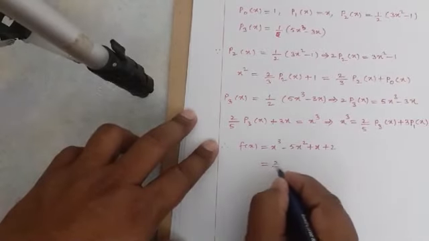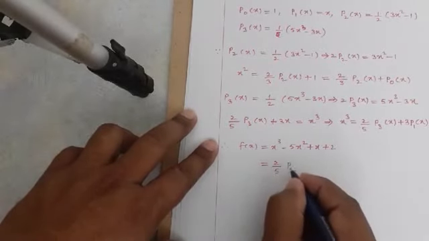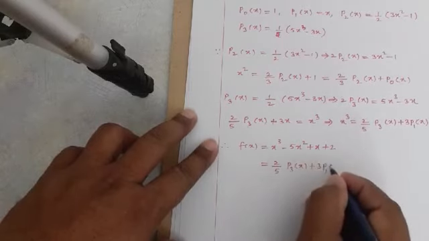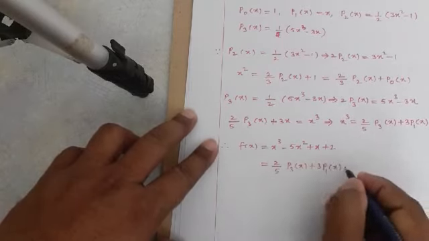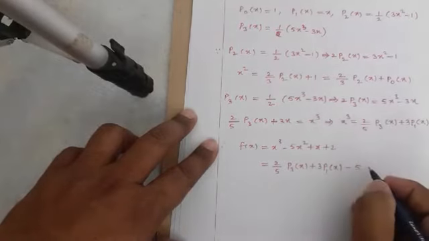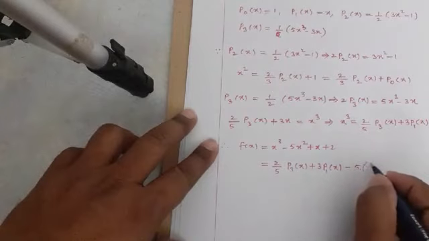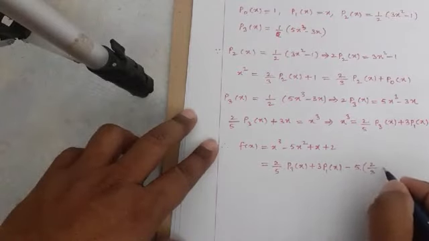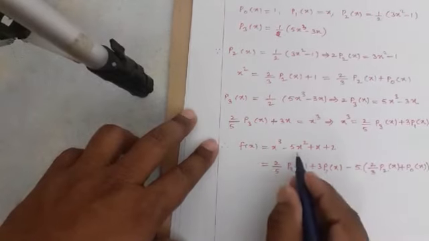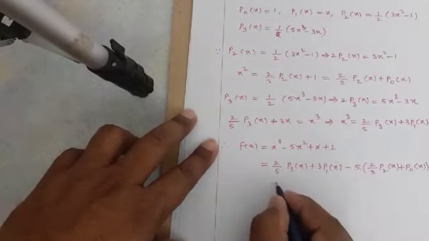So that is nothing but 2 upon 5 p3 of x plus 3 p1 of x, then minus 5 into x square, which is nothing but this term. So I'll write that in bracket. So this becomes 2 upon 3, then p2 of x plus p0 of x. After substituting 5x square, then we have plus x.